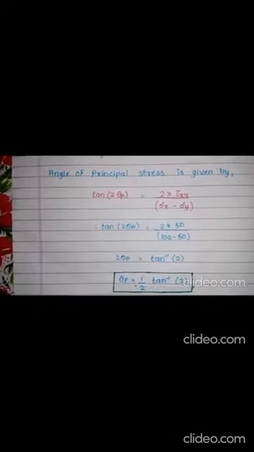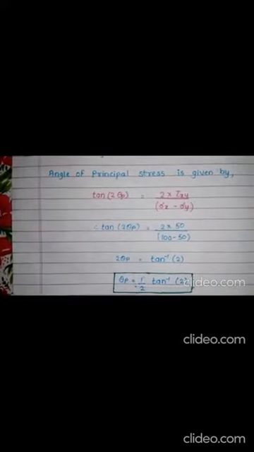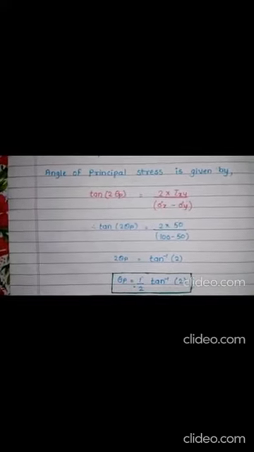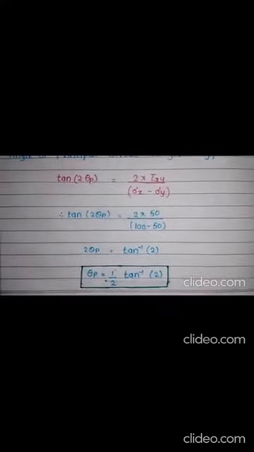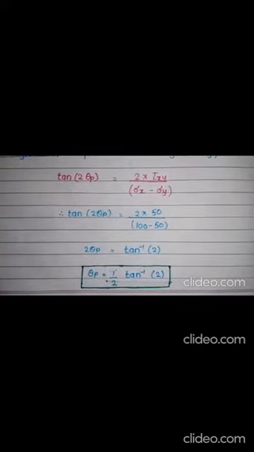Substituting the values of tau and sigma, we get tan of 2 theta is equal to 2 times 50 upon 100 minus 50, which gives angle theta as half of tan inverse of 2.